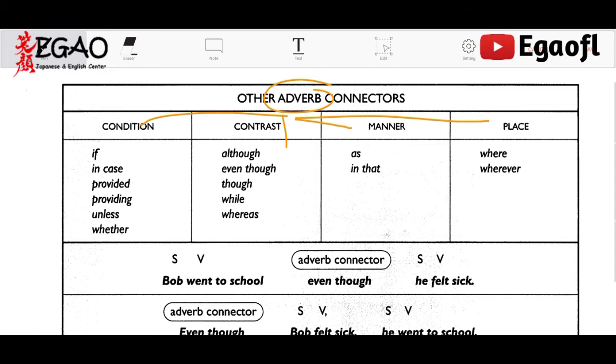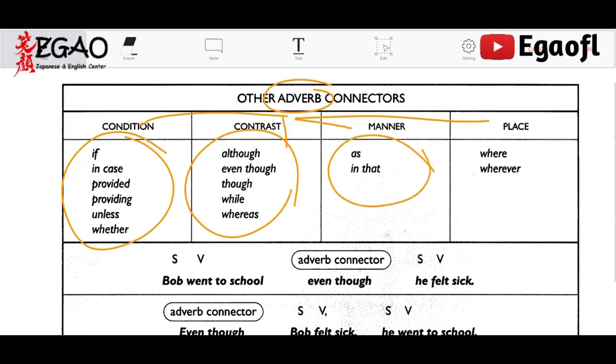The adverb connectors of condition are if, in case, provided, providing, unless, and whether. For contrast: although, even though, while, and whereas. For manner: as and in that. And for place: where and wherever.